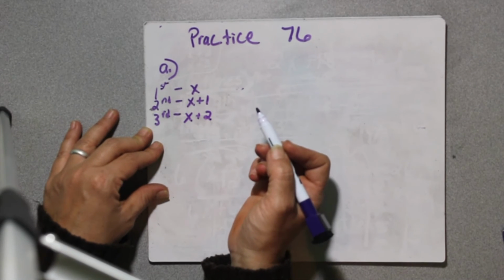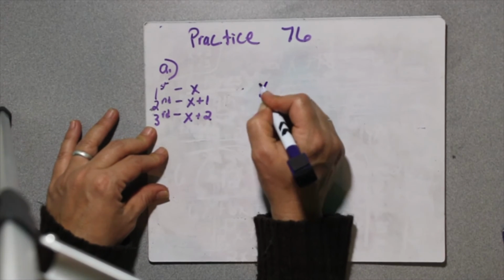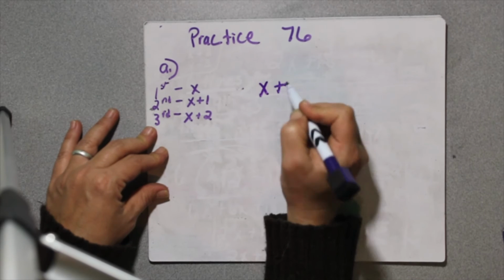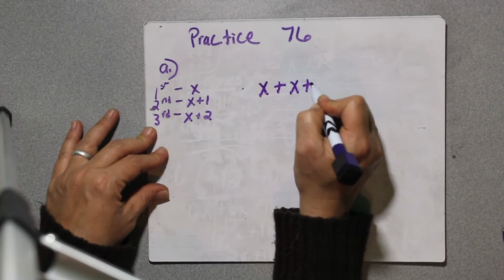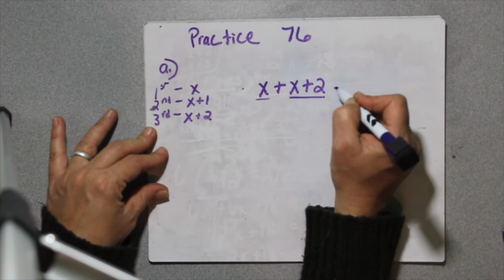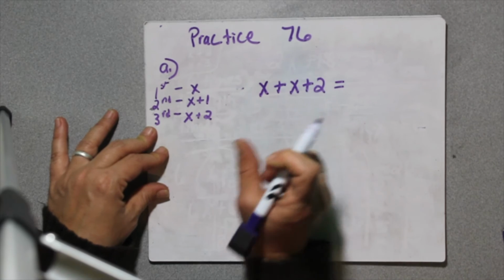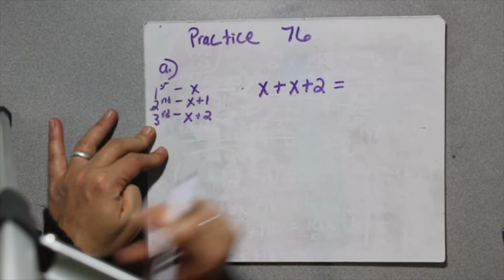So the first is x, and the third is x plus 2. The sum of the first and the third means we have to add those two together, is 142.